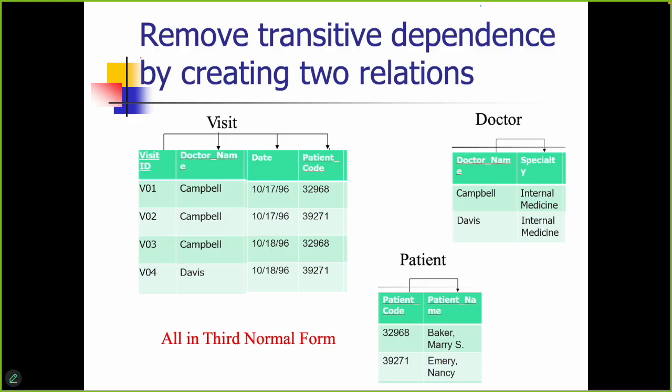If there are such cases, I explicitly mention it in the question. For example, I say, we assume that each doctor has a unique specialty. This way you can better identify the dependencies.